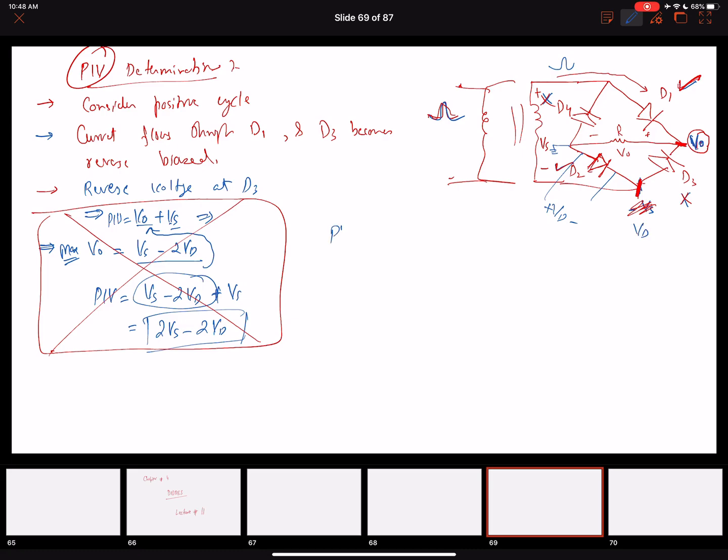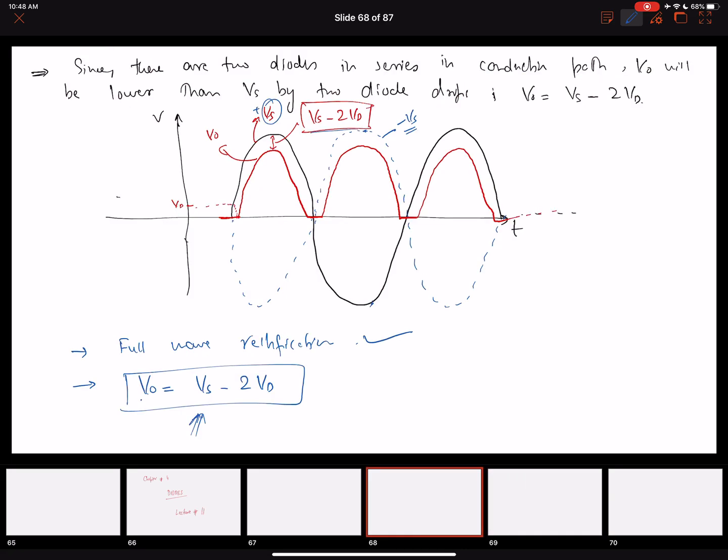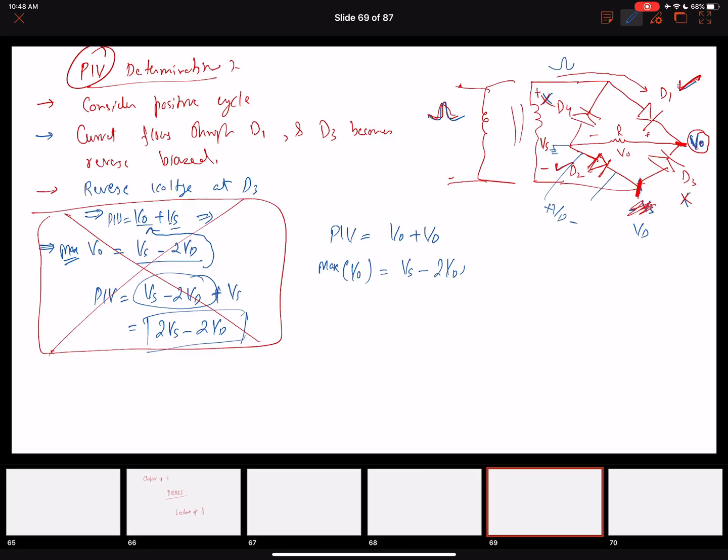So the peak inverse voltage is going to be equal to V naught plus VD. The maximum V naught is Vs minus 2VD, and we put that over here. So our PIV becomes Vs minus 2VD plus VD, so we are left with Vs minus VD.